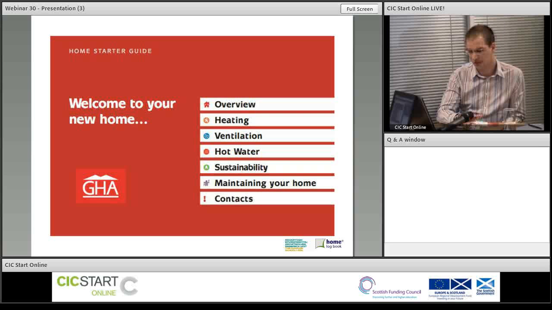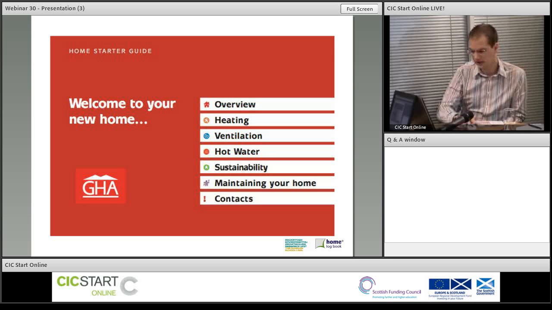So heating, ventilation, hot water are all there. They're common to all of the booklets. Sustainability and energy saving features, again, just a change of term to fit in with the GHA's own internal structures, and maintaining your home in the GHA one.